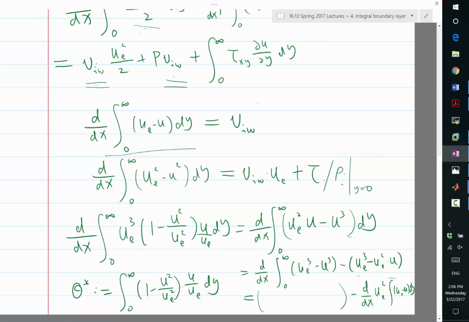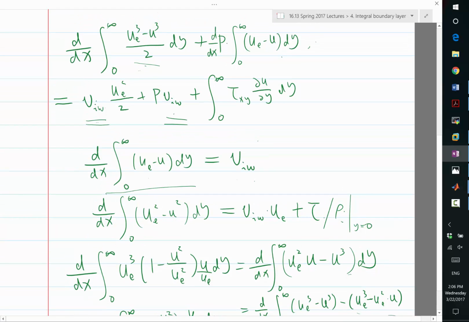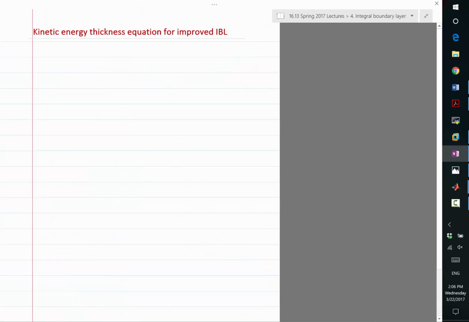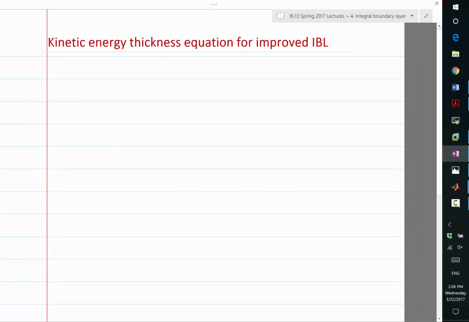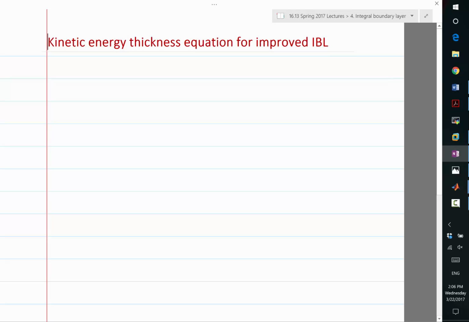So we need to plug in the equation for the mass defect into this equation. Okay, so what we can derive, let's just write out the final equation, which I have over here.